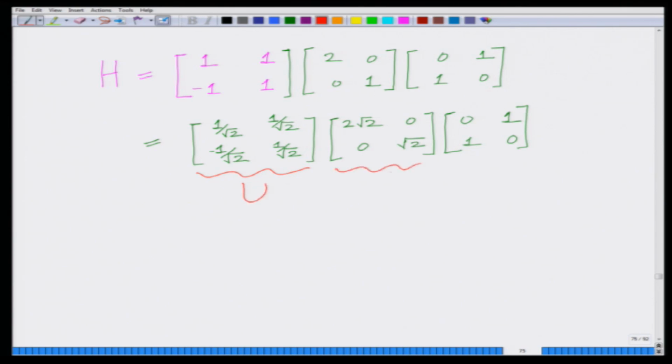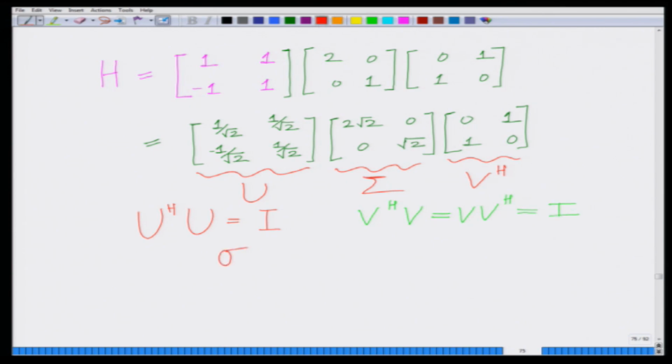Now you can see I have the matrix U, the matrix sigma, and the matrix V Hermitian, with U Hermitian U equals identity, and V Hermitian V equals V V Hermitian equals the identity.